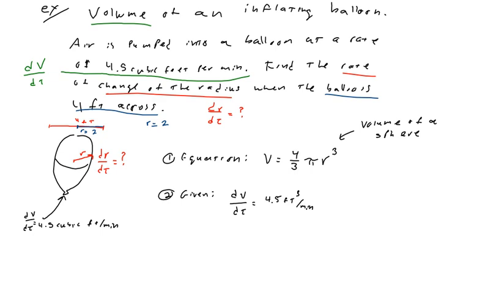That's our volume, like we're blowing up the balloon, how much volume of air you're inputting. We want to find dr dt when the radius is equal to 2. It says 4 feet across, but keep in mind, half of that is the radius, so don't be tricked by that. Find the rate of change of the radius, dr dt.